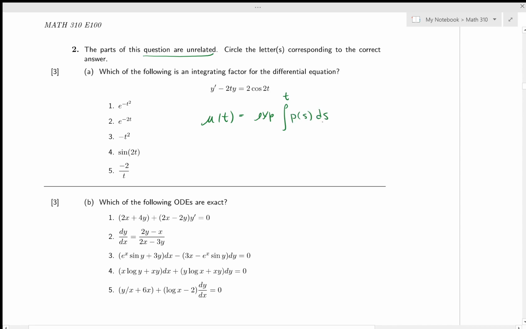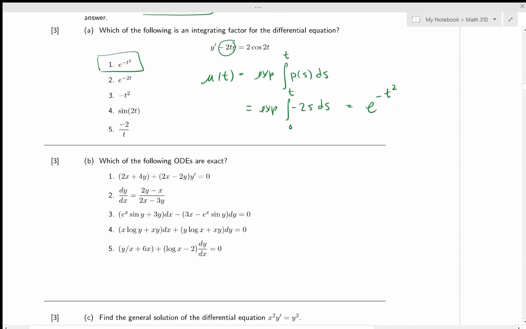That's the general formula, and in this case we are looking at this function right here. That is going to be the integral of -2s ds, which is going to be equal to e to the minus t squared. So I box this one here. That's finding an integrating factor.